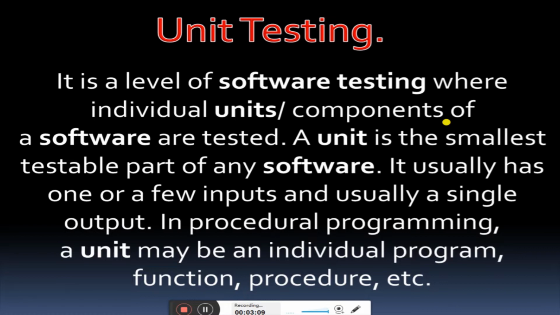Because we want to develop software within the time, within the cost, and with good quality. That's why. So unit testing is a separate part testing. Okay, testing of a separate part of the coding.